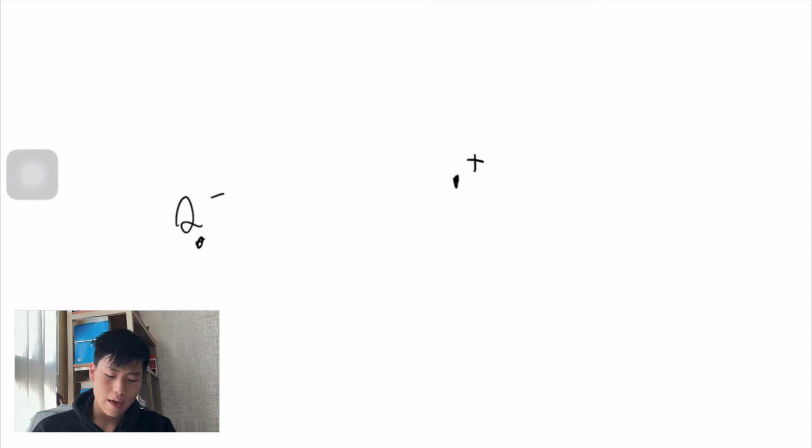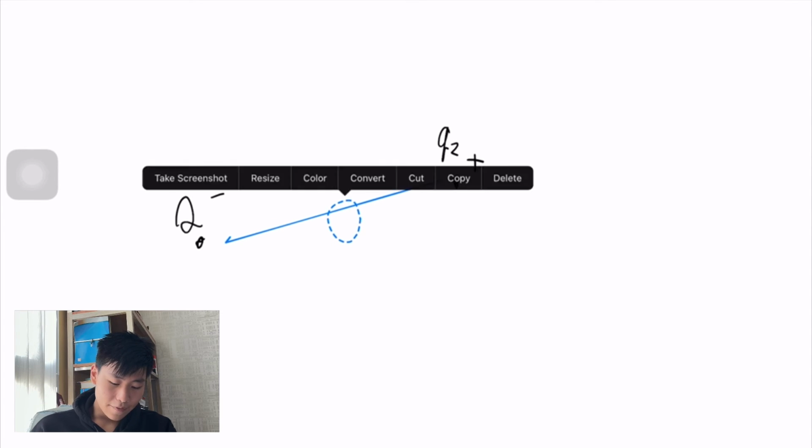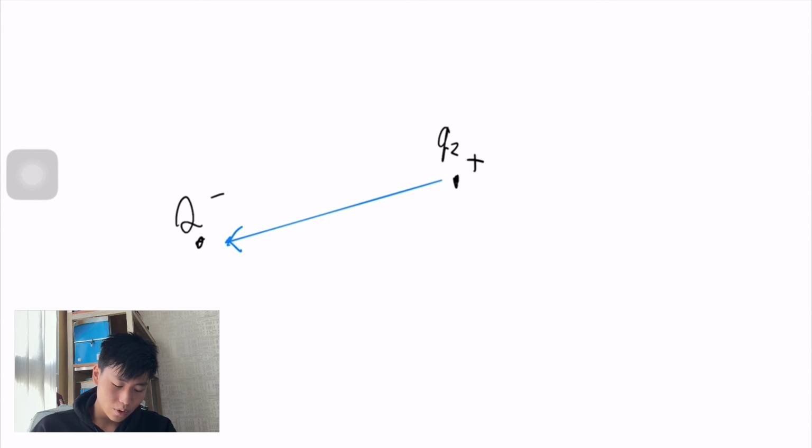So let's have this hypothetical charge here, Q2. The direction of the E field is going to be the same as FQ2, which is in this direction. So the E field has the same direction as the force.